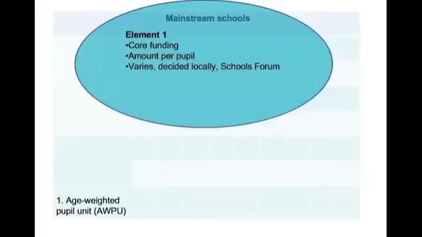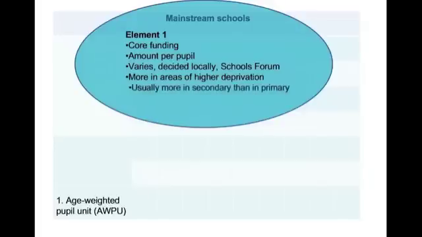By and large, this element, this core funding, this per pupil funding, is a bit higher in areas of higher deprivation, lower in areas of lower deprivation. It's usually more in secondary schools than it is in primary schools, and hence it's known as the age-weighted pupil unit because it varies with age.